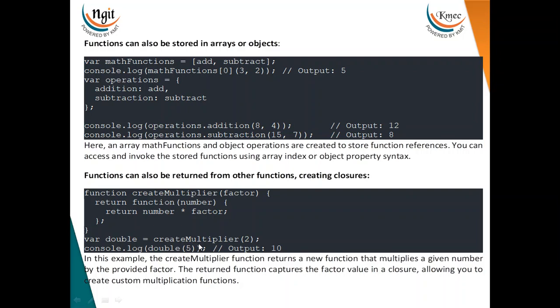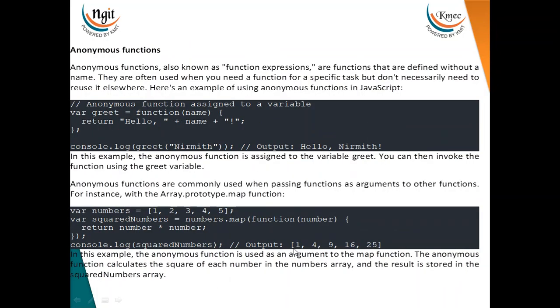So here createMultiplier(2), it will be passing double(5). So the multiplier factor is 2 and the number is 5, so it will be giving 2 times 5, that is 10.